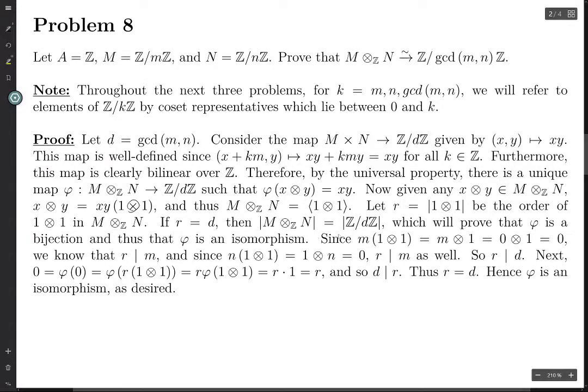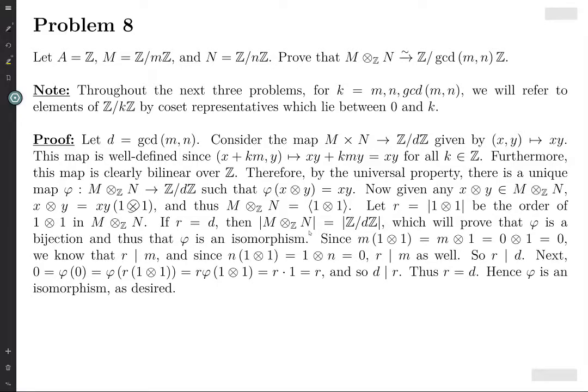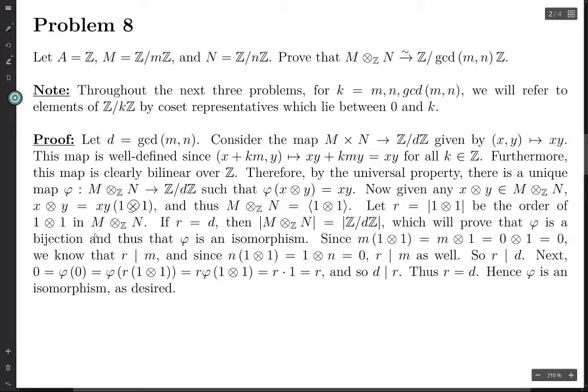And if these two sets have the same size, and in particular they're finite, then the map between them must be... well, since the tensor product is generated by 1 tensor 1, which has order r, that means that this tensor product has order r.